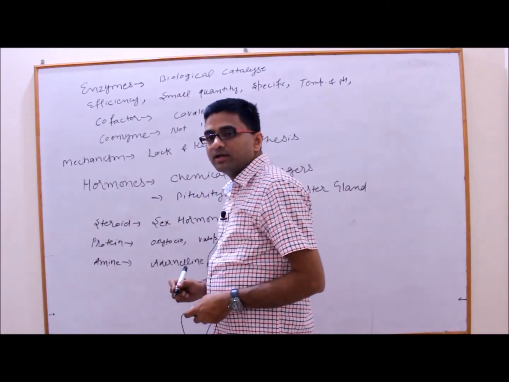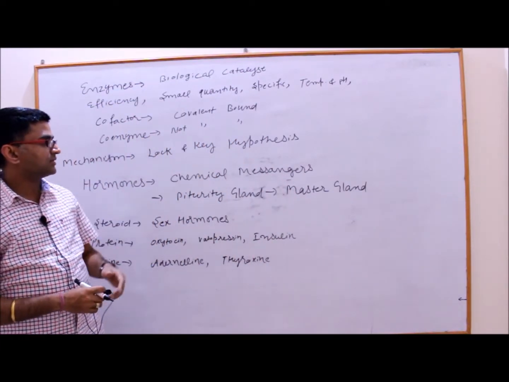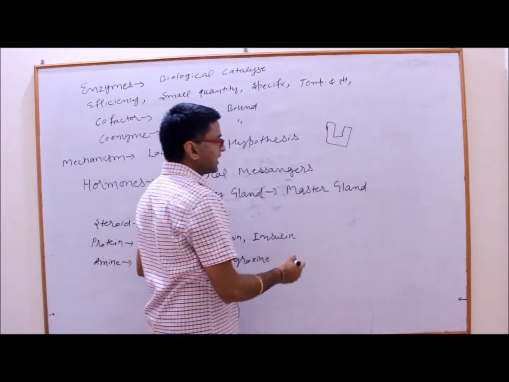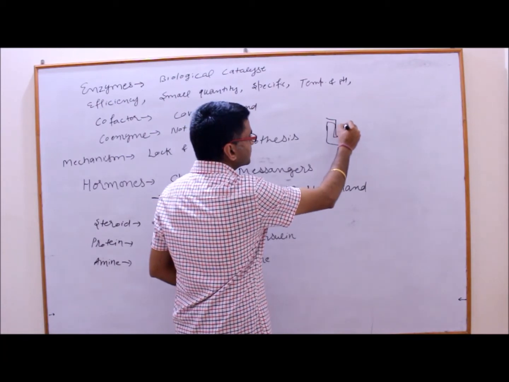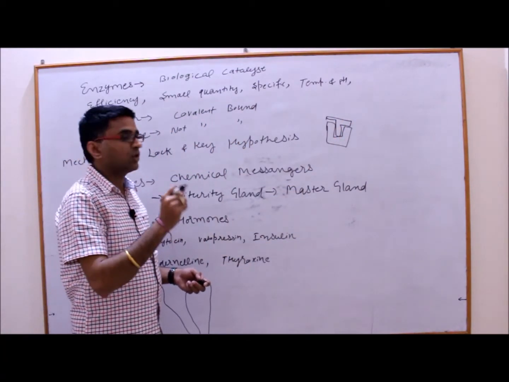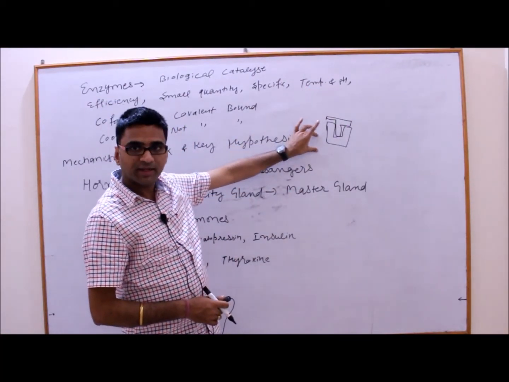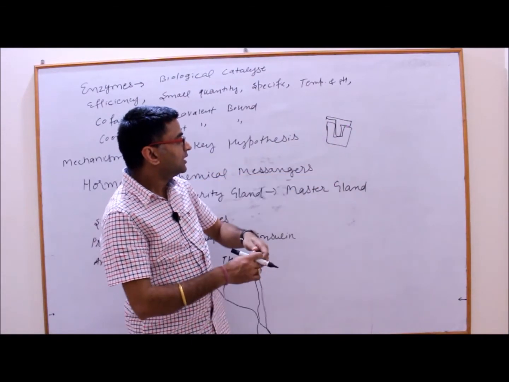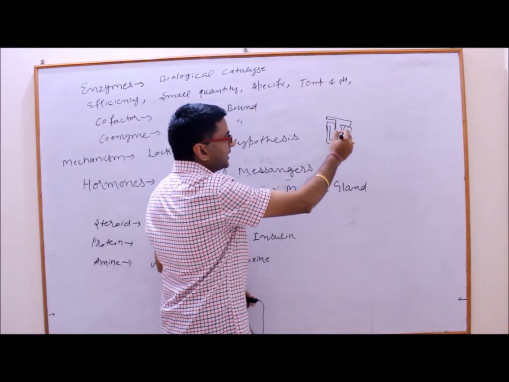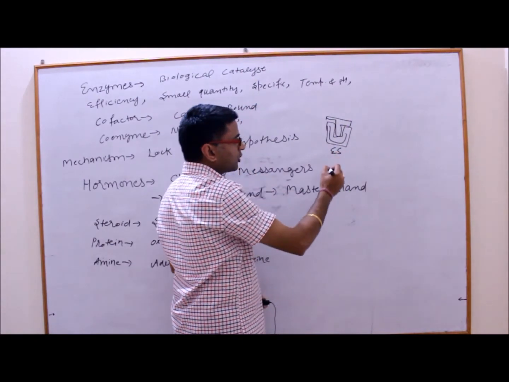What is the mechanism by which enzymes work? It is based on the lock and key hypothesis. For example, there is some particular shape of the enzyme, and only a particular substrate can fit in it. Like a particular key can fit in a particular lock, similarly a particular substrate can fit into a particular enzyme. So when the substrate has fit into the enzyme, the activation energy gets lowered, so it makes an enzyme substrate complex.